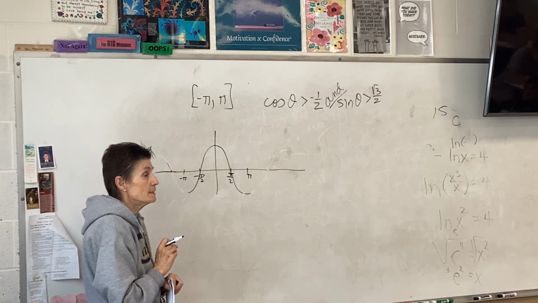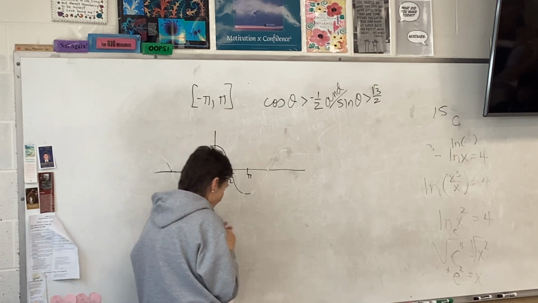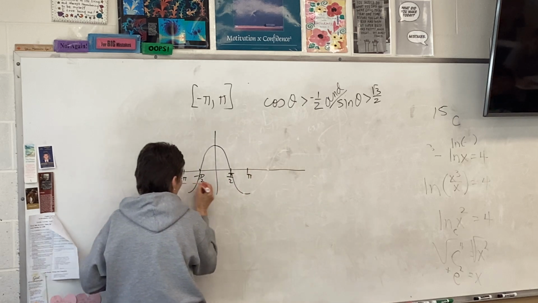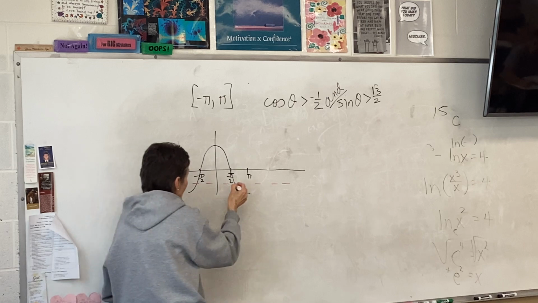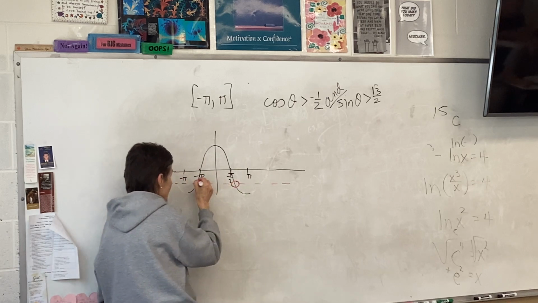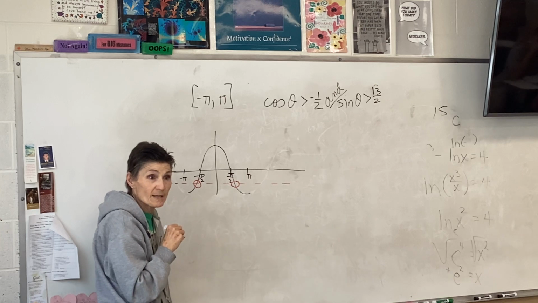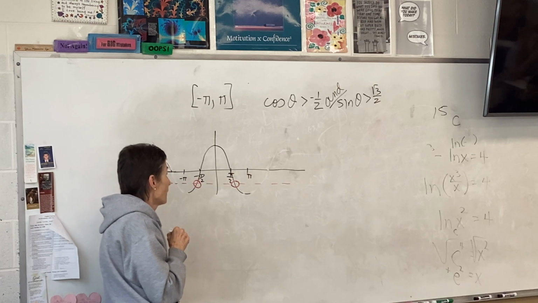Okay, now, where is negative 1/2? Negative 1/2 is right here. So here and here, the cosine is negative 1/2. Would you agree with that? What are those angles? What angle has a cosine of 1/2?